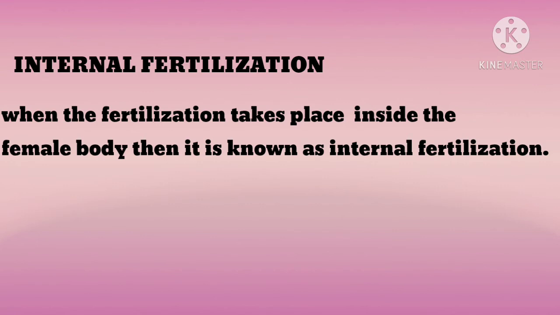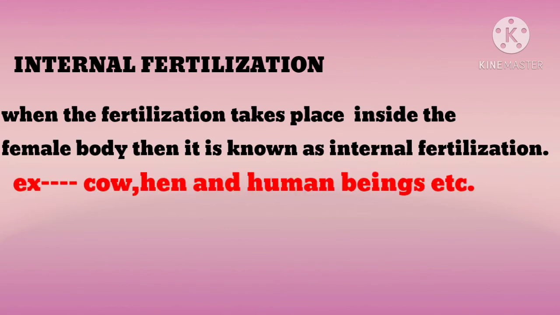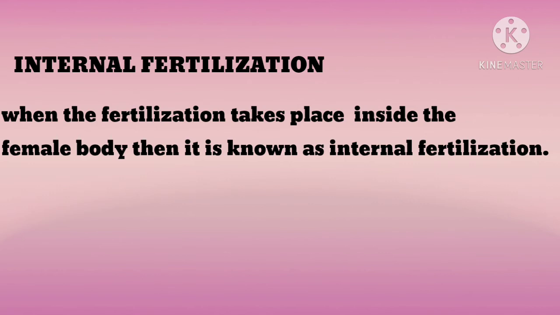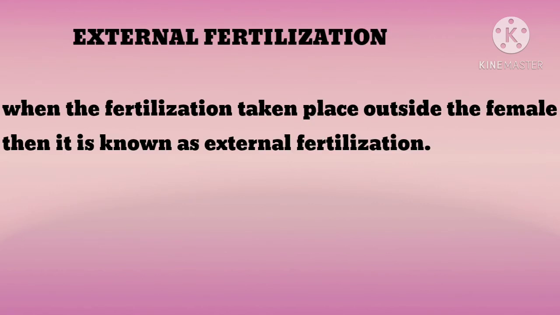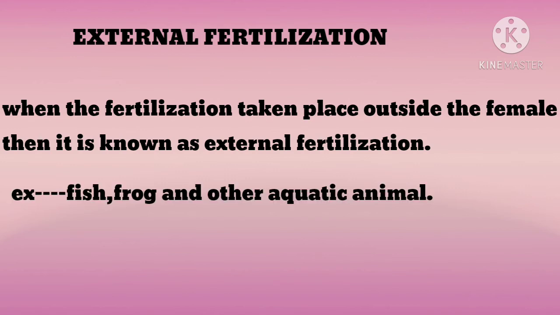It means the fusion of the male and female gametes takes place inside the body, and it is seen in cow, hen, human being, etc. So what do we mean by external fertilization? When fertilization takes place outside the female body, it is known as external fertilization. Examples: fishes, frogs, etc.